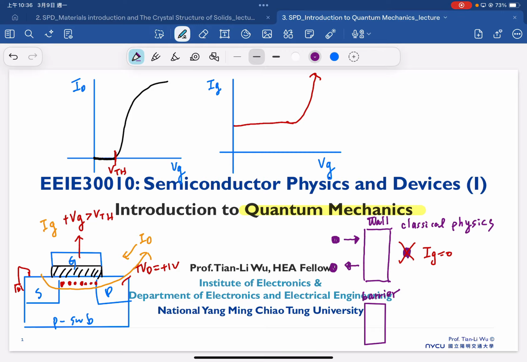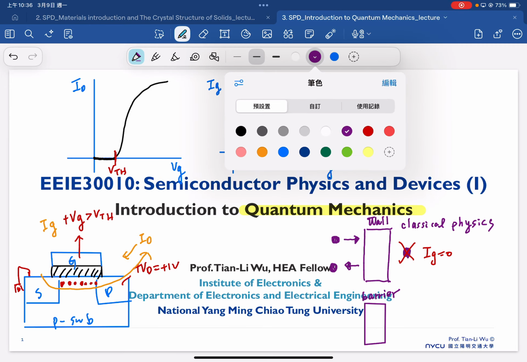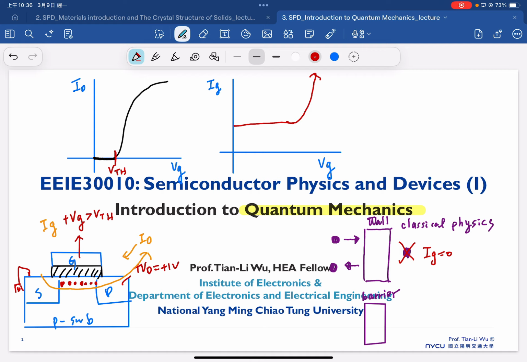So there is the barrier. But now, toward this barrier, we have a certain carrier, which can be an electron or hole. Still the same, we will see the reflection of these electrons. But the one difference is that we start to see these electrons or holes can cross this barrier, penetrate this barrier and reach the other side.